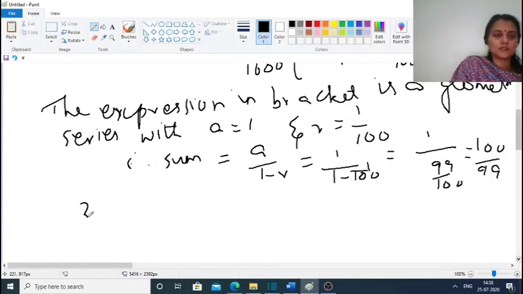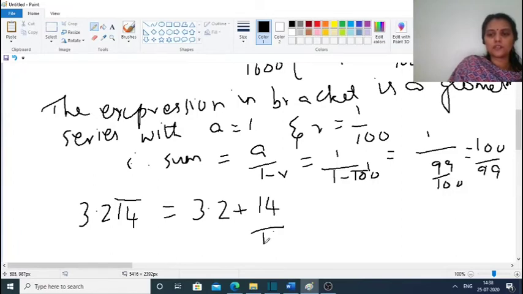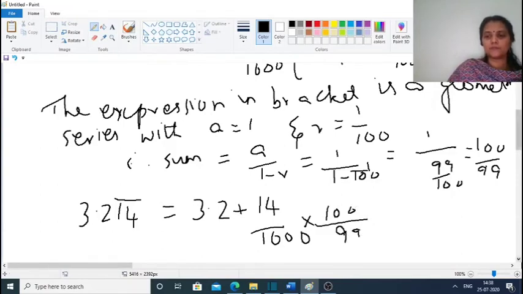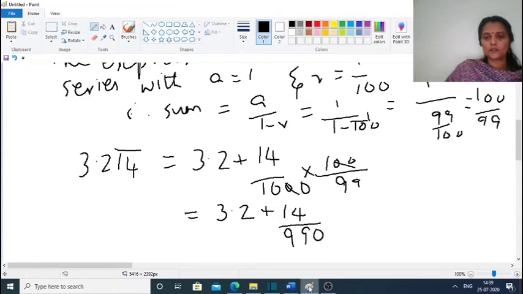Therefore 3.214 is equal to 3.2 plus 14 by 1000 into the expression in bracket, which is 100 by 99. We can cancel this term, so this is equal to 3.2 plus 14 by 990, which is 32 by 10 plus 14 by 990.